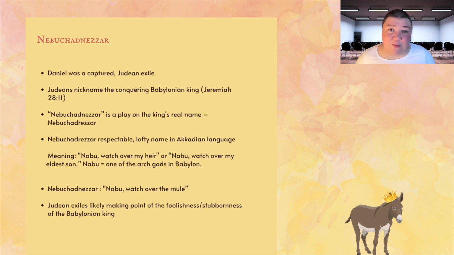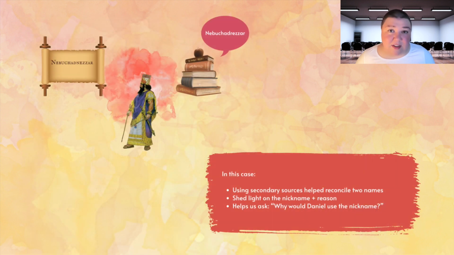The belief being that the Judean exiles are making a point of the foolishness or stubbornness of the Babylonian king, hence the nickname. Here, consulting secondary sources helped us not only to reconcile that these two names refer to the same person, but to bring attention to why the author would use such a nickname and what he's trying to say by using it.